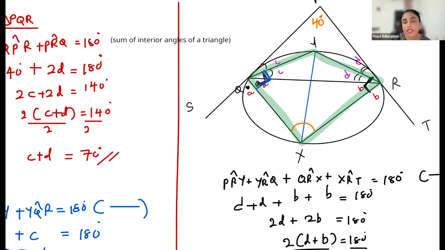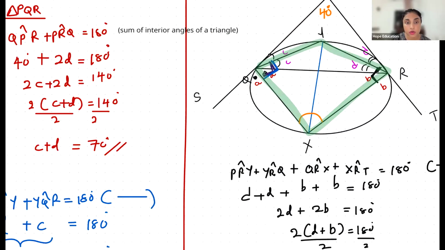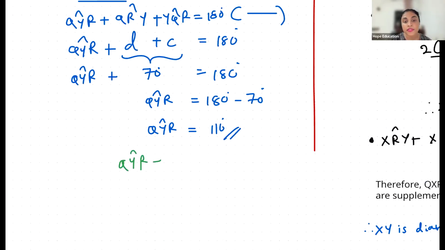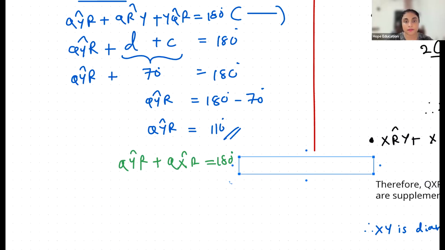So add QYR and QXR. QYR plus QXR is equal to 180, because opposite angles of a cyclic quadrilateral are supplementary.